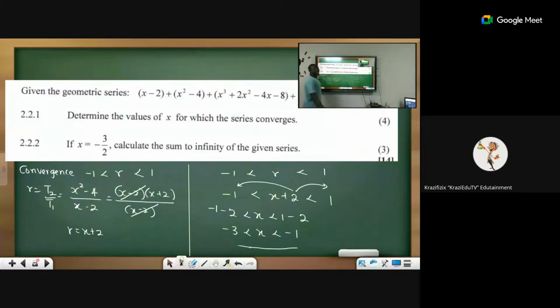That's the value of x. Easy question. And I'm sure if x is negative, you can calculate the sum to infinity of that. For 2.2.1, you can't say T2 over T1 is equal to T3 over T2. No, you need your r. We're not really looking for the value of x. We are looking for the value of x for which that will converge. So we have to bring it into this restriction.